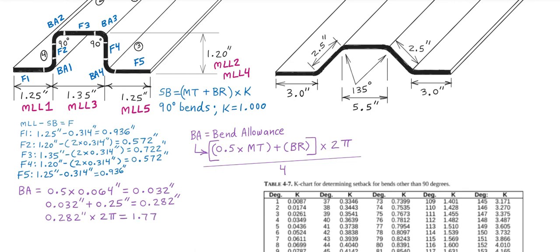So we get 1.772 inches, and then we divide that value by 4. So we have a bend allowance equal to 0.443 inches, which is the partial circumferential derivative of a circle, but not a perfect circle. So we use this equation here.